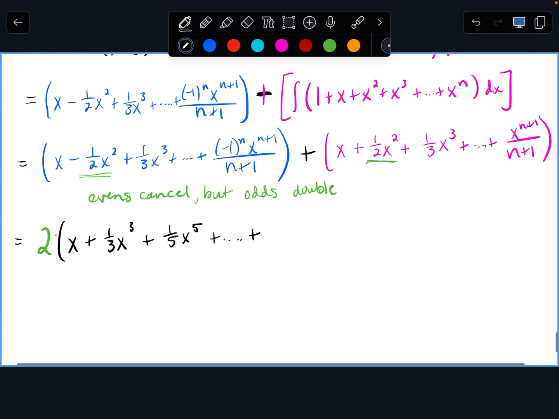So we talked about the odds. All the x's with odd powers, and remember the little expression for odd was 2n plus 1. That means odd. And all the denominators were odd. It's the same odd number as the exponent. Like the 5 and the 1/5 and the 3 and the 1/3.